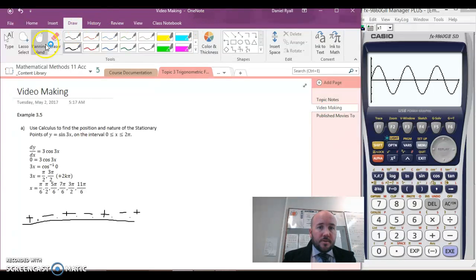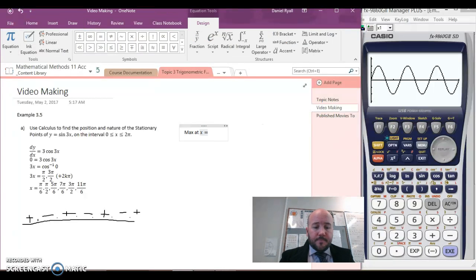In your test, it would be good to finish with a statement of max at x equals, and then stating those solutions. The next one of 5 pi on 6, and the last one of 3 pi on 2.